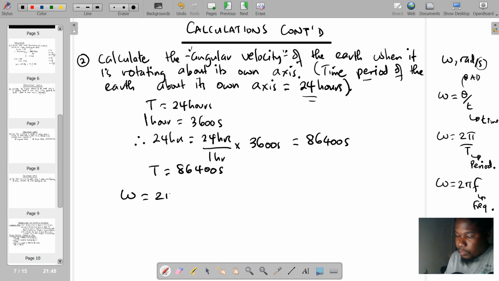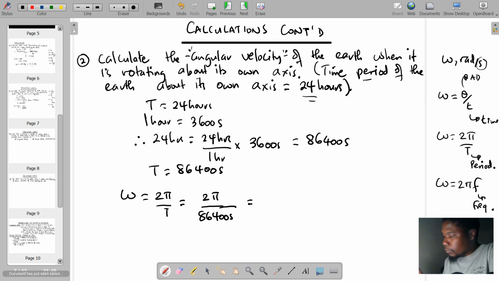Now we have a formula that we can use to calculate angular velocity. It's equal to 2 pi over T. After substituting, it will be 2 pi over 86,400 seconds. This now will become 2 times pi divided by 86,400.